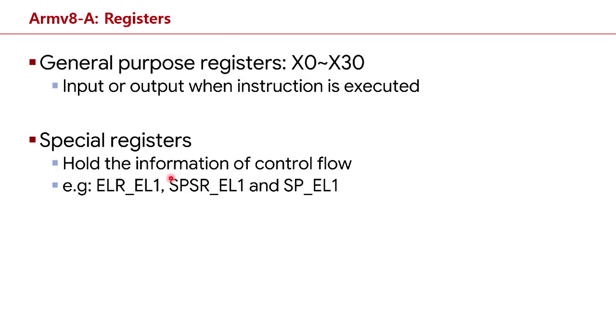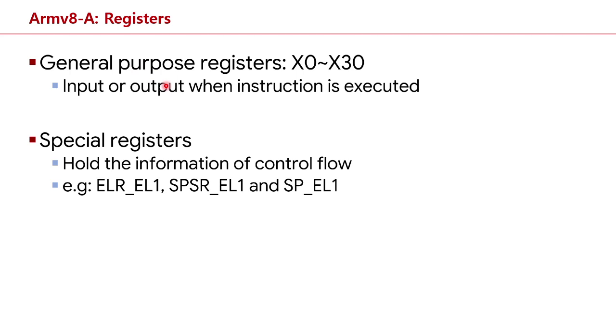So let's talk about the general purpose registers in ARM version 8 architecture. Registers X0 to X30 are general purpose registers. Every time you look into any assembly instruction, you're going to see some general purpose register. General purpose registers are used as input registers, and a general purpose register is also used as the destination register. So what I mean is the result of an assembly instruction can be stored in a general purpose register.